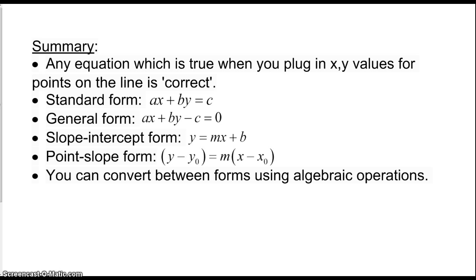The four kinds of agreed upon forms are standard form, ax plus by equals c, where a, b, and c are integers and a is positive. General form, same thing except that the c has been subtracted to the left. Right? Slope-intercept form, y equals mx plus b, and then point-slope form, y minus y0 equals m times x minus x0, where x0, y0 is any point on the line. And then you can use algebraic operations to convert between the forms.